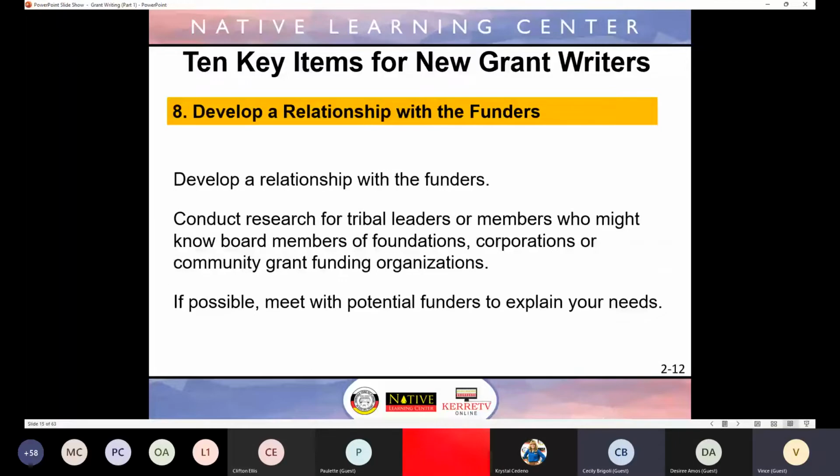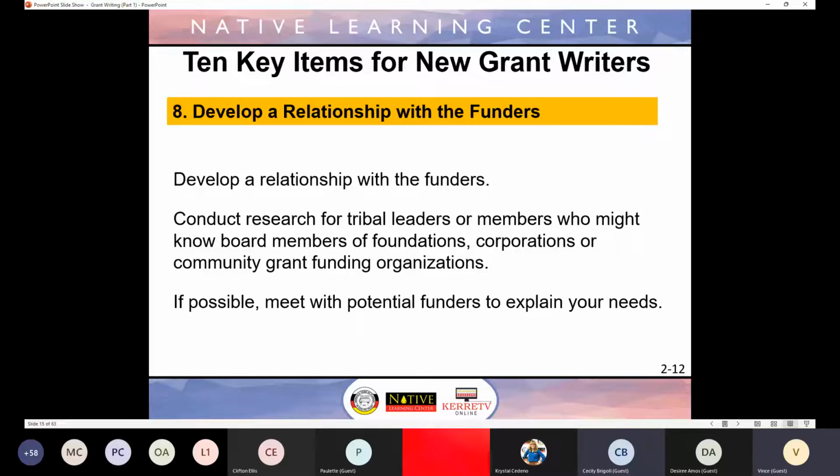And we want to understand that second sentence there. Keep in mind that grants are the investments, and that the funders, even if they're federal agencies or corporate entities, communities, or private foundations, like the Bill and Melinda Gates Foundation, for example, the largest foundation in the world with billions of dollars of assets, they're still going to want to know, even if they only give you $1,000 or even less, what are you using this money for?